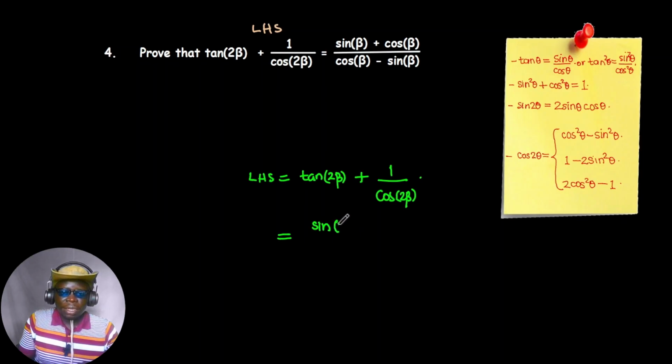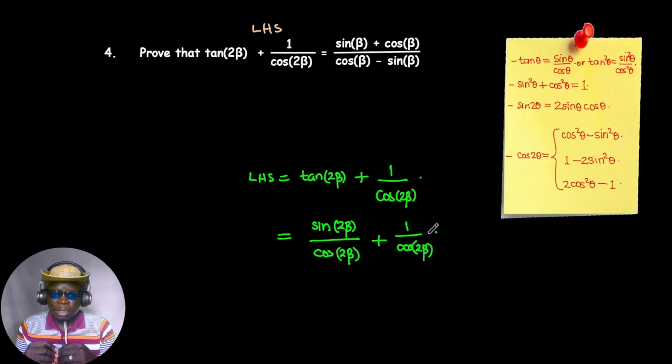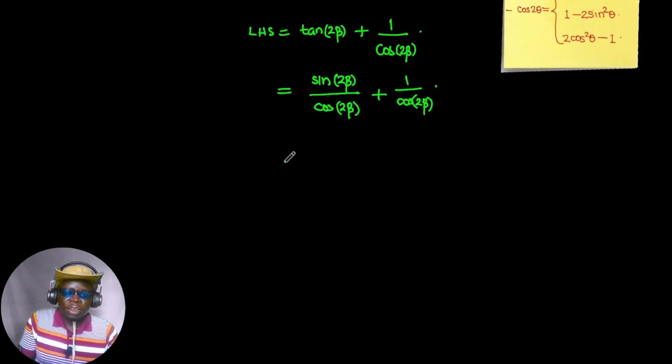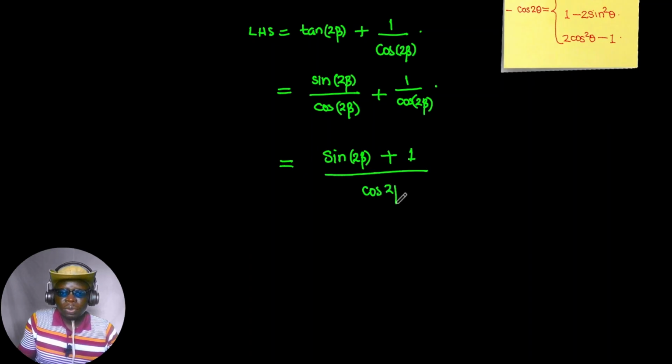So we have sin 2 beta over cos 2 beta, and this is added to 1 over cos 2 beta. Since our denominator is the same, we can go ahead and combine them into one term. Therefore, let us get more space here and have the numerator added, such that we have sin 2 beta plus 1, all over cos 2 beta.